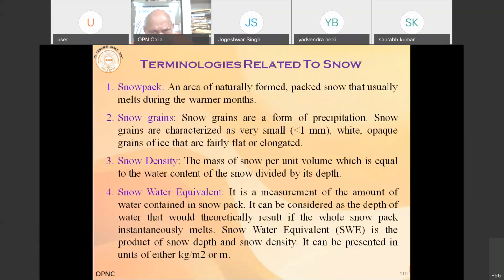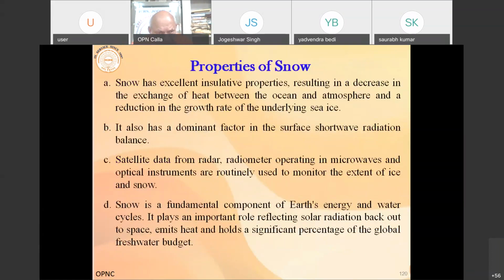Now, the terminology that we use: snowpack, snow grains, snow density, snow water equivalent. These are the terminologies used when we do the study of snow. Then, a property of snow is the dominant factor in the surface shortwave radiation balance.